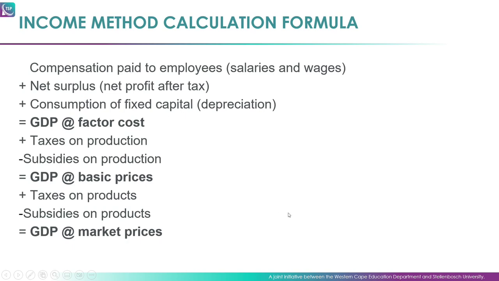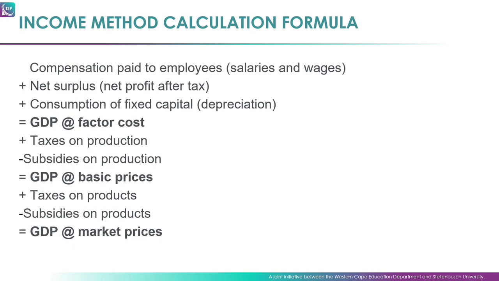So very quickly once again, we pause for a moment and look at this particular method that says it is the compensation paid to employees plus net surplus plus consumption of fixed capital, right? It's going to take time to get used to that terminology, but you need to just learn it, okay?